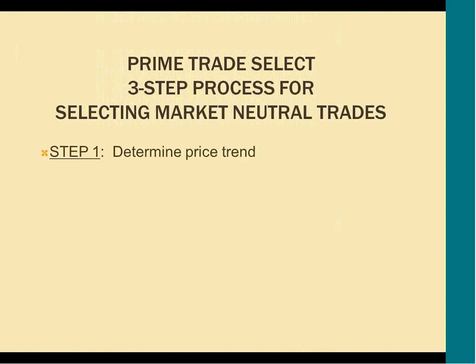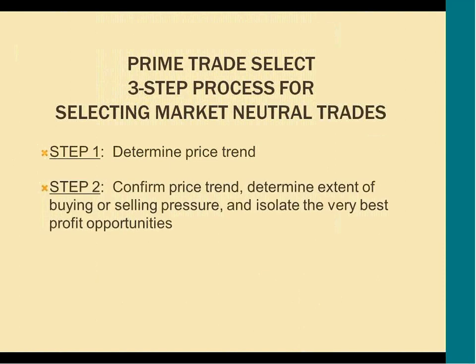So step one is we use my trading system to determine the price trend, and this system can also isolate bearish opportunities as well. So it's also successful during bear markets in selecting bearish positions.